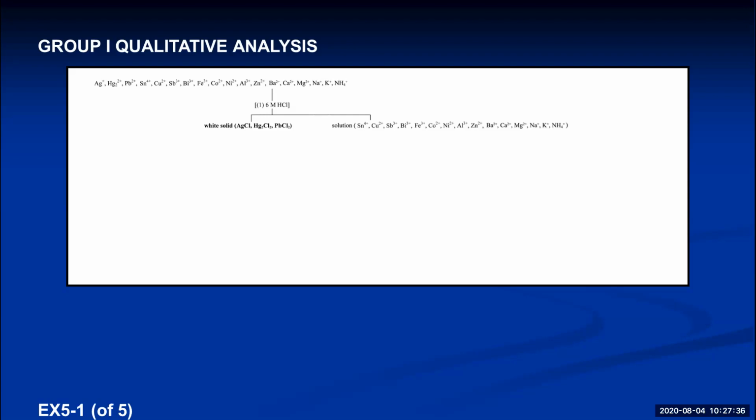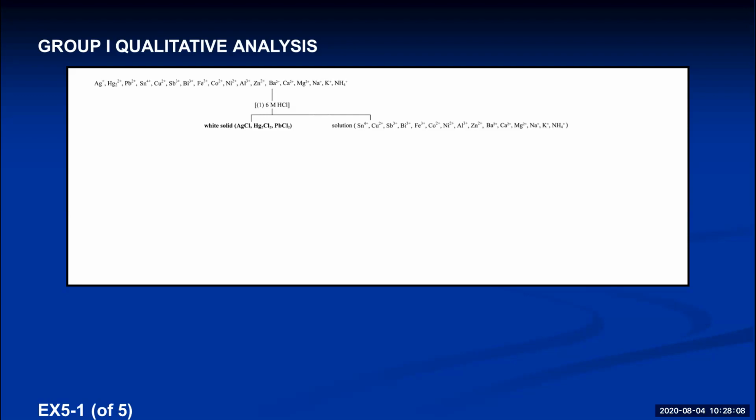And on the right side of the bracket, I'm showing all the cations that do not precipitate. So if I added hydrochloric acid to a solution containing all of the cations above, we would precipitate out silver chloride, mercury 1 chloride, and lead 2 chloride, but every other cation after that would remain in solution. Our experiment today will be taking that white solid, which will contain either silver chloride, mercury 1 chloride, or lead 2 chloride, or a combination of all 3, and try to determine which of those are present in an unknown.